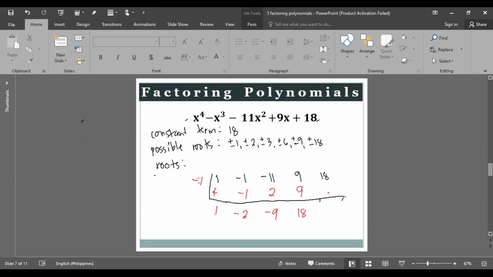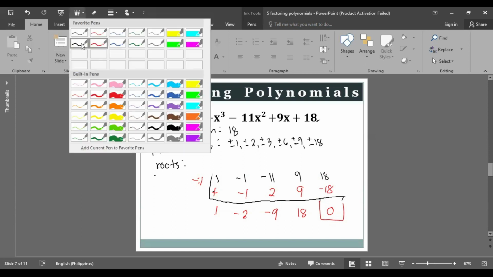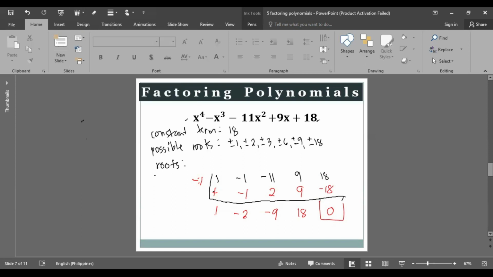Negative 1 times 18 is negative 18. Add these two values, we get 0 as the remainder. So since the remainder here is 0, we can say that negative 1 is one of the solutions of this polynomial expression. So we put negative 1 here. So meron na lang tayong hinahanap na tatlo.